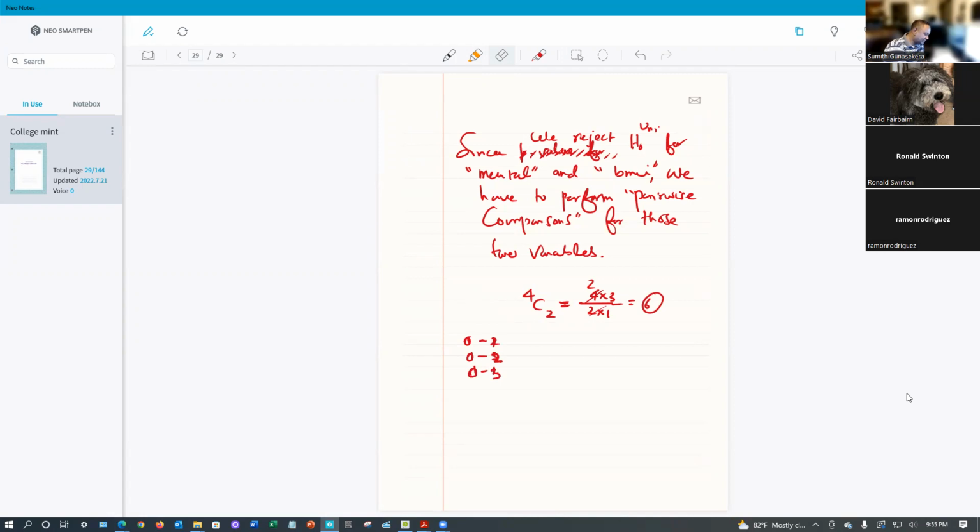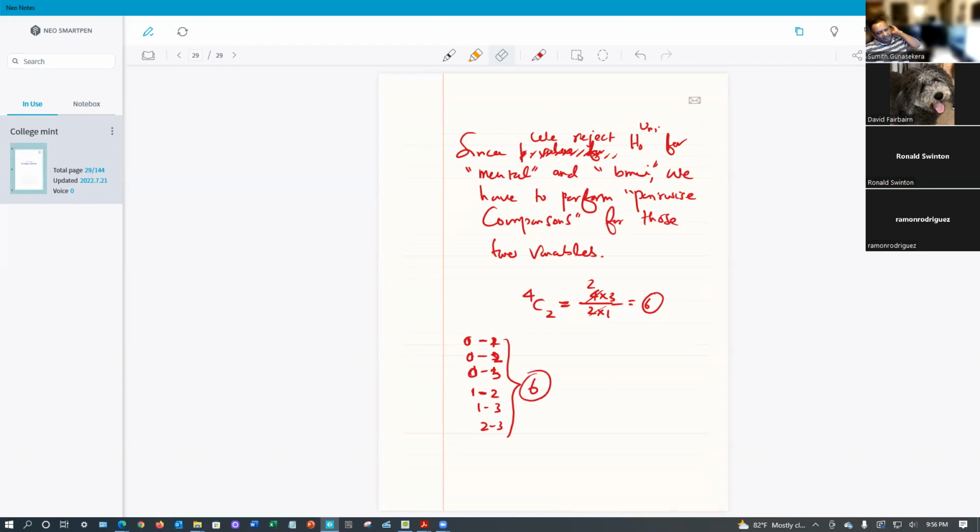Then 1 and 0 you don't need, it's already done, since the order doesn't matter. Then 1 and 2, 1 and 3, then 2 and 3. 3 and 0 done, 3 and 1 done, 3 and 2 done. Six combinations.